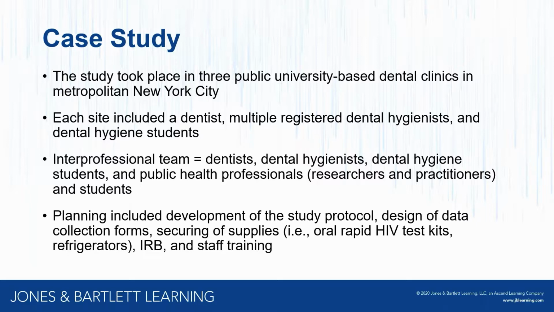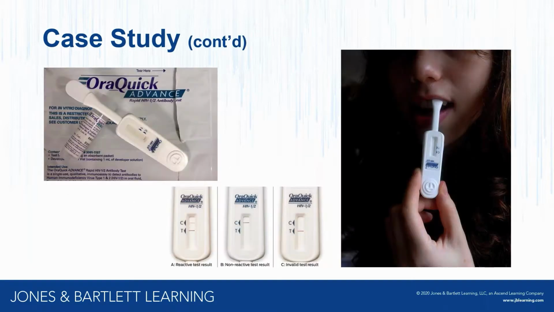The planning included development of the study protocol, design of data collection forms, securing supplies including the test kits and refrigerators for the controls, getting institutional review board approval, and training staff on public health aspects of HIV, like the epidemiology of HIV and best practices in HIV prevention.